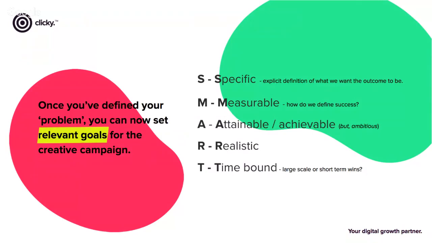And then in terms of measuring those, you need multiple KPIs for those targets to really define what success is. But these KPIs also need to be attainable and realistic. There's no point setting massive targets or goals if you're never going to hit them. So you need to be really realistic with that. And then also time bound.